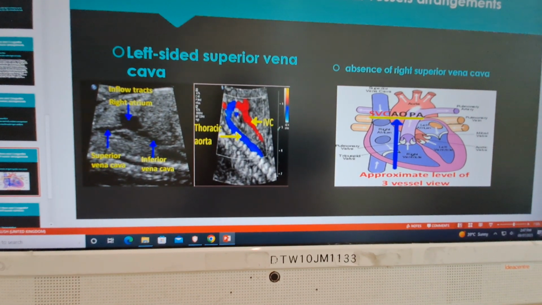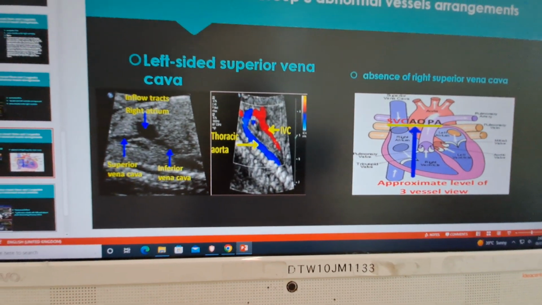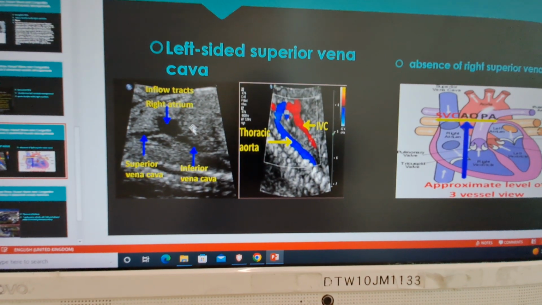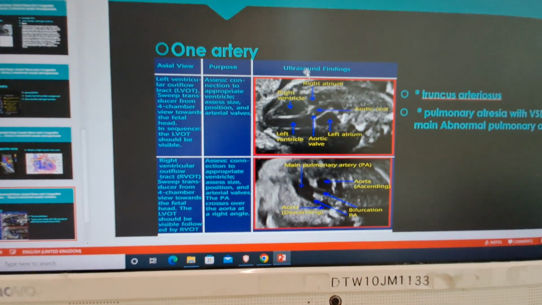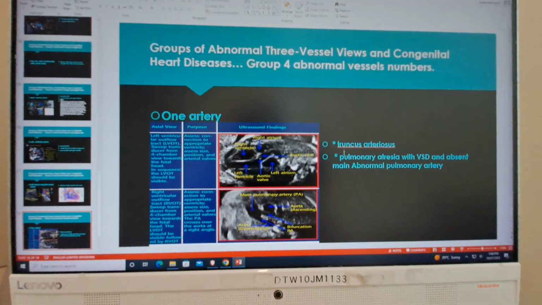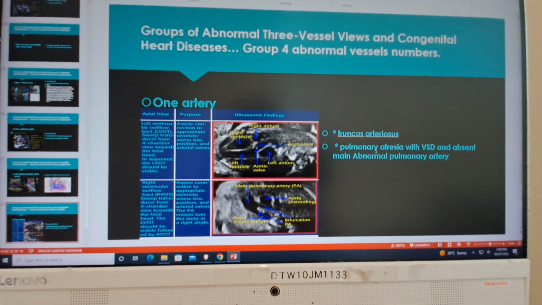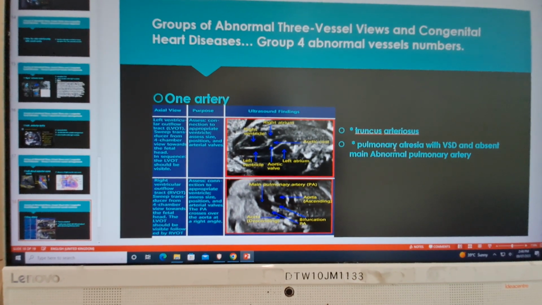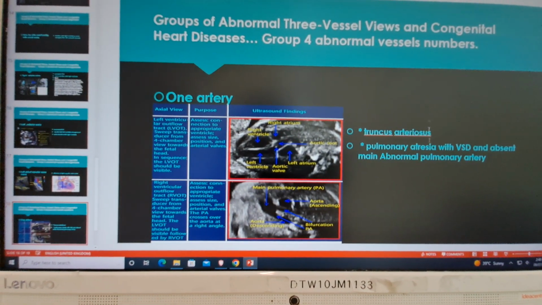You always remember the ductus arteriosus, but in that case you can find extra vessels, which may be the azygous vein. And for one artery, of course, you may have stenosis or atresia there, like the aorta, and pulmonary artery atresia with VSD, and absent main pulmonary arteries.